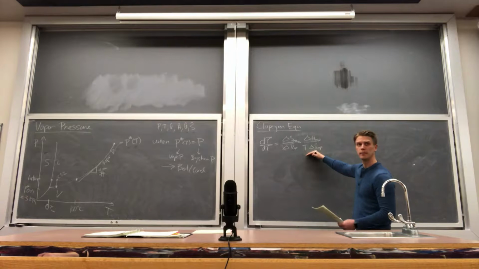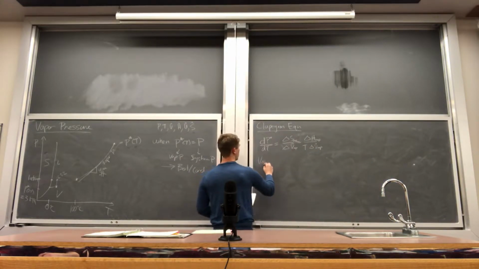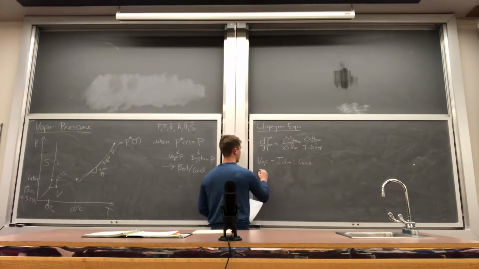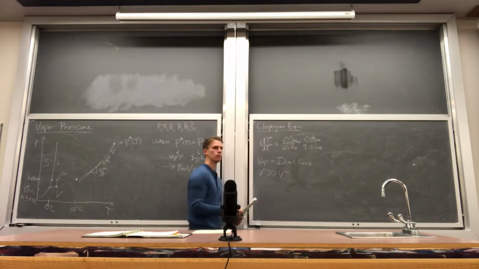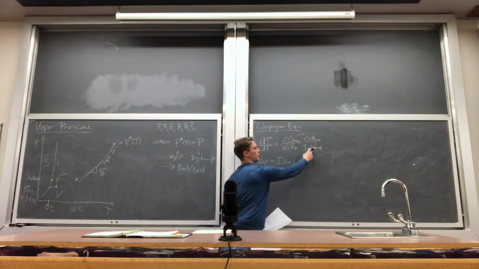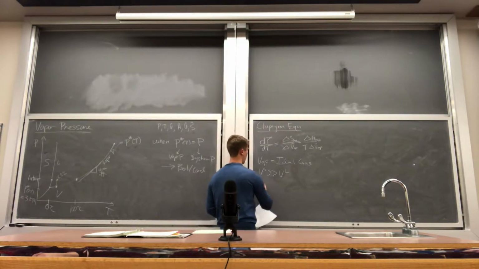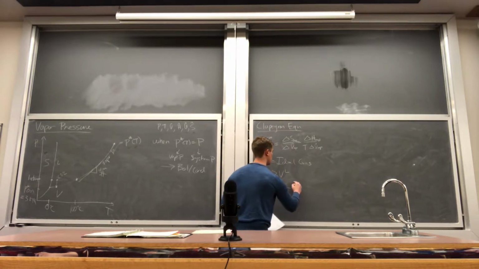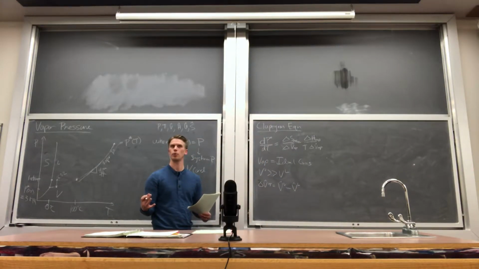What's commonly done for most of the calculations that we'll be dealing with is we'll say that the vapor is an ideal gas, and that the volume of the vapor is much, much greater than the volume of the liquid, to calculate this delta V. So delta V of vaporization is going to be equal to the specific volume of the vapor minus the specific volume of the liquid. That's how much the volume of the system changes when you boil it.